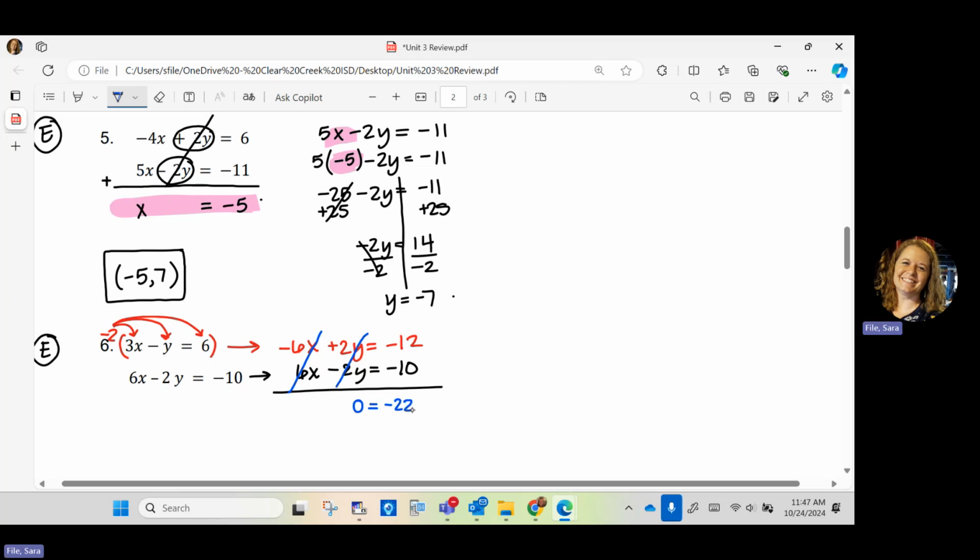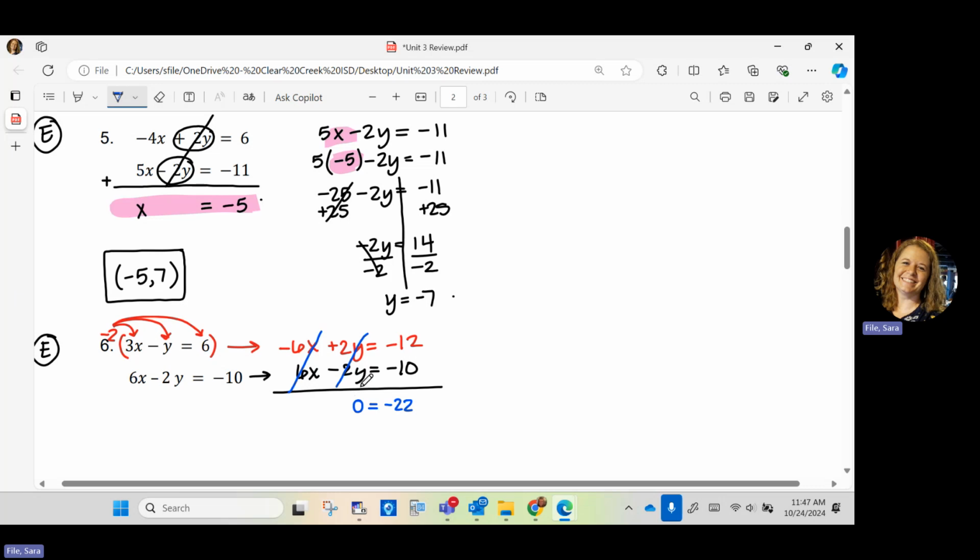When this happens, these are those two special cases we talked about on the front. If your x and y both are gone and you're left with just a number equals another number, we said it either means there's no solution or infinitely many solutions. Okay, and you determine whether or not this is true.